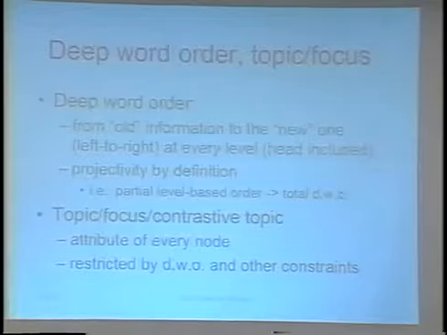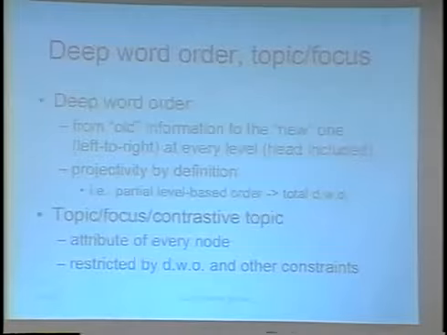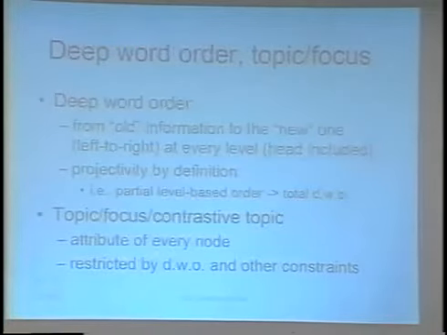We believe that in every sentence, you can order the words or the constituents in the sentence from left to right in the order of what has been already mentioned before or what's known from the context, to the thing that is actually new in the utterance, in what is the new information in the sentence.